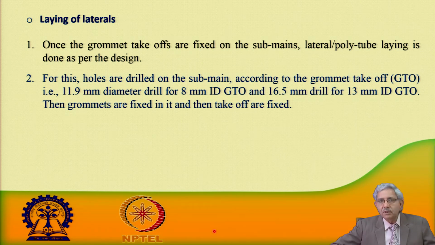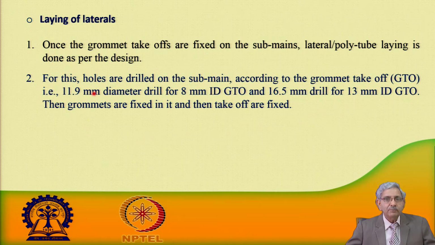We need to lay the lateral pipeline. Once the grommet takeoffs are fixed on the sub main, lateral poly laying is done as per the design. For this, holes are drilled on the sub main according to the grommet takeoff.